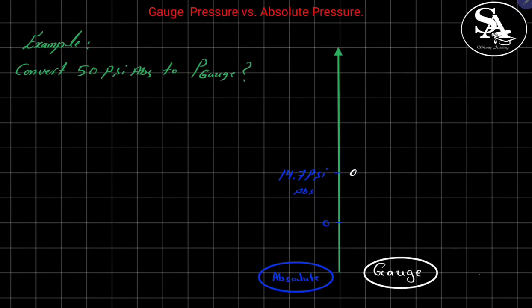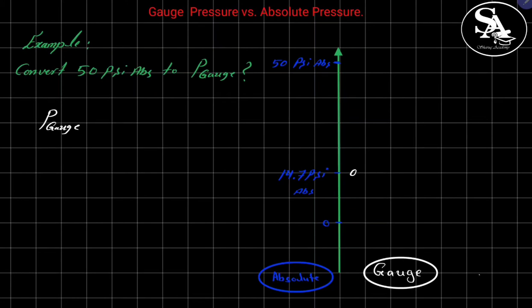Suppose our 50 absolute pressure will be here. So, in order to convert it to gauge pressure, we just take the 50 psi minus the atmospheric pressure, which is 14.7 psi.